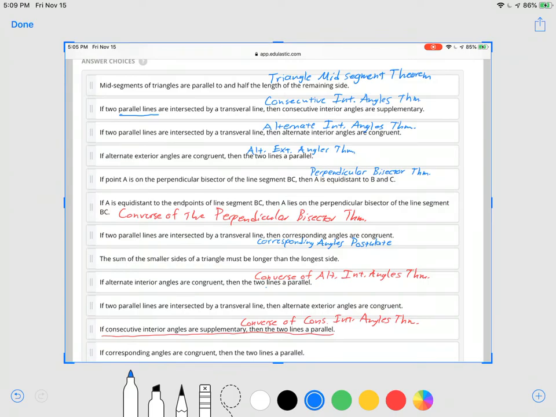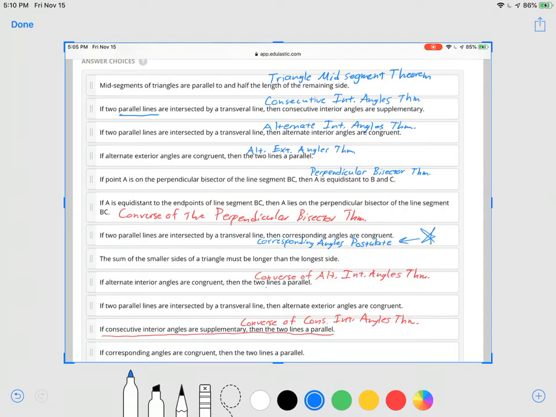A postulate was just something you assume to be true. Like we don't even dare try to prove it. We don't have a proof for that, at least in this class. And it's from this one that we can actually prove things like the alternate interior angles theorem and the alternate exterior angles theorem. But we did have to assume this one to be true.